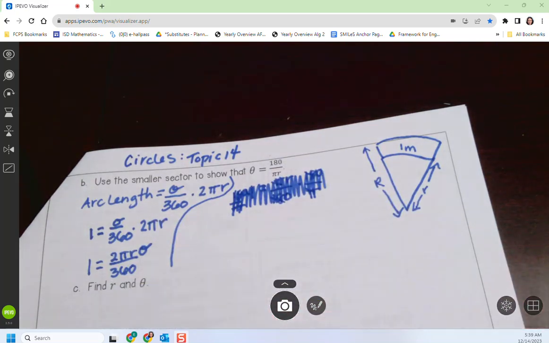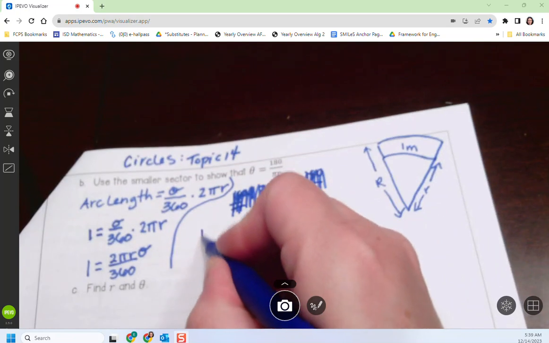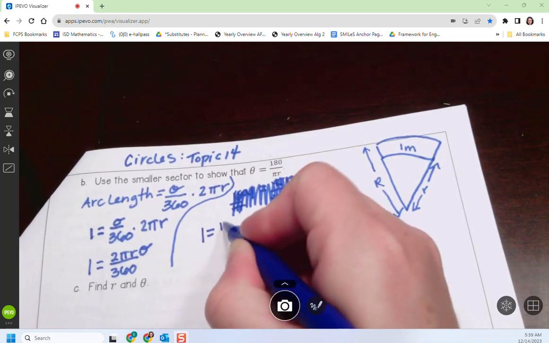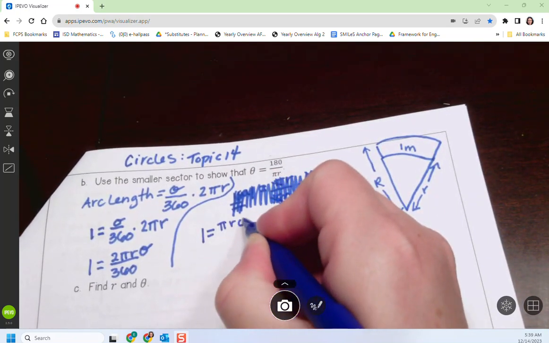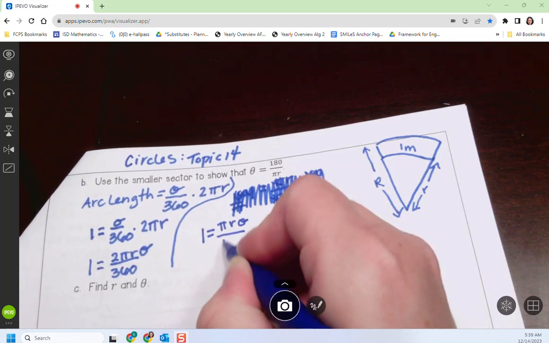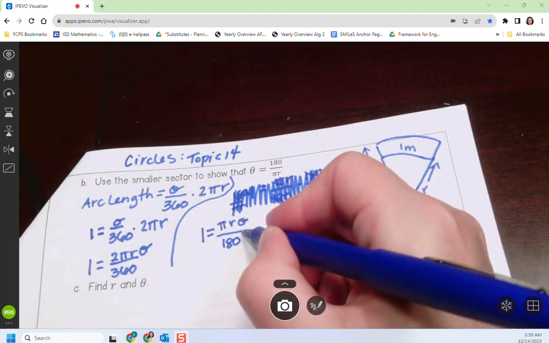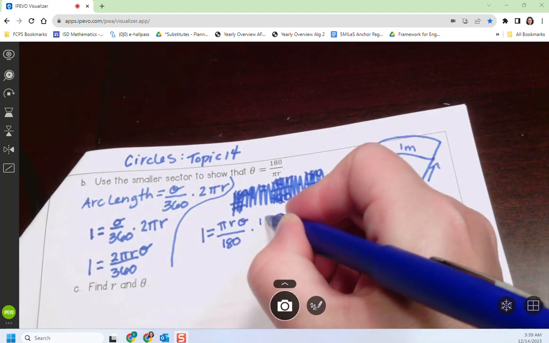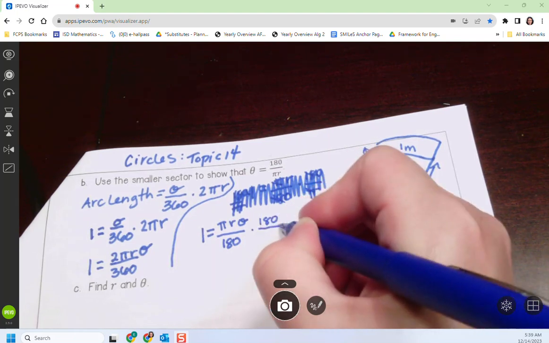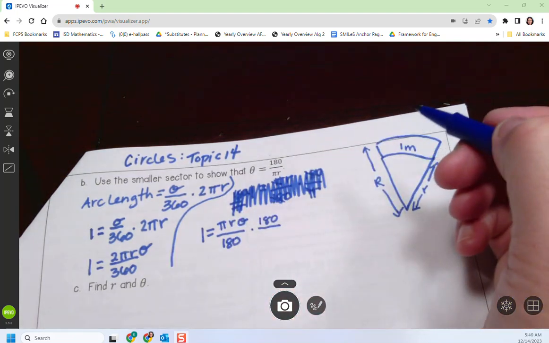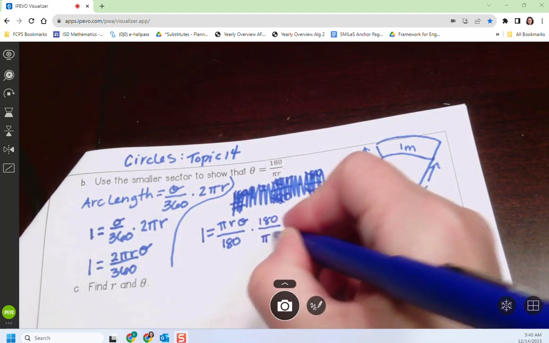So first thing I'm going to notice is that 200 over 360 is equal to 1 over 180. So I'm just going to simplify that fraction. I get pi r theta over 180. Now to get theta by itself, I need to undo division by 180 by multiplying by 180, and undo multiplication by pi r by dividing by pi r.